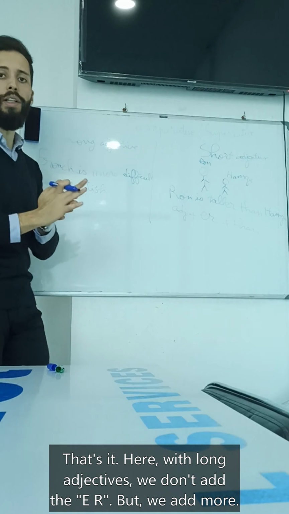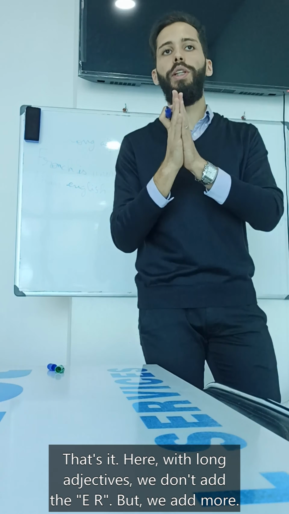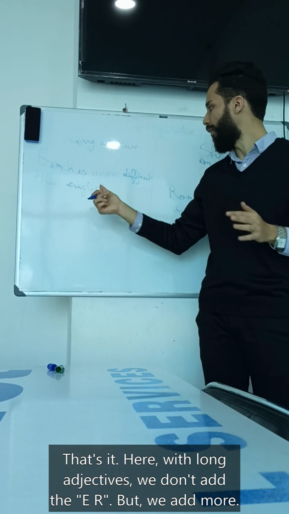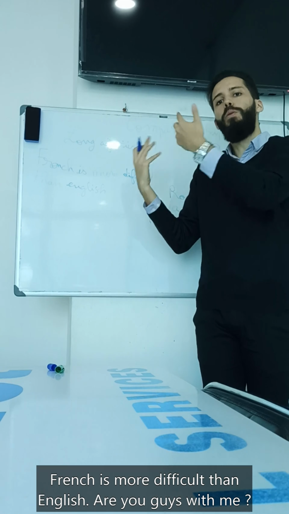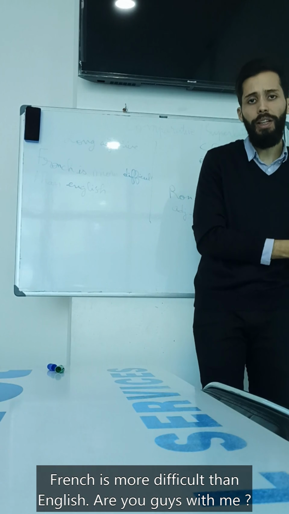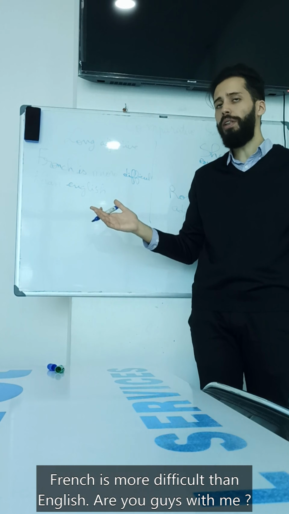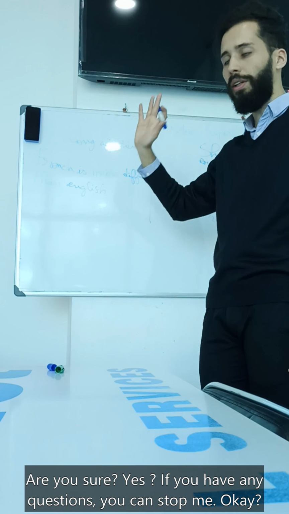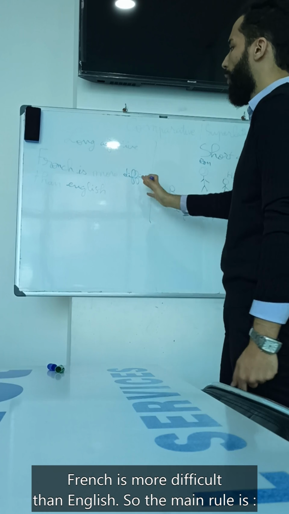That's it. Here, with long adjectives, we don't add the ER, but we add more. French is more difficult than English. Are you with me, guys? Are you sure? If you have any question, you can stop me, okay? French is more difficult than English.